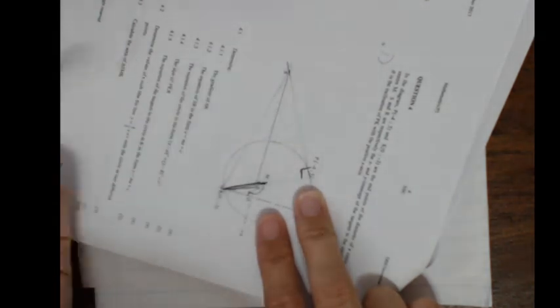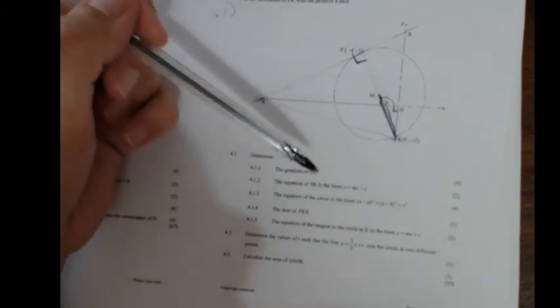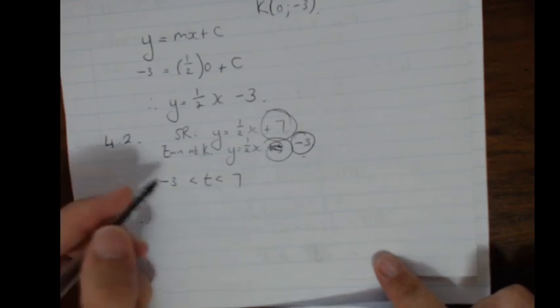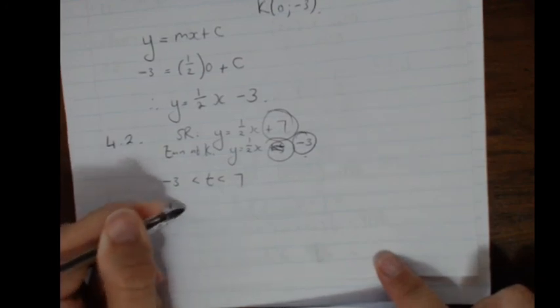And I need to find the length of PS, although I don't have the coordinates of S. But S is where this line cuts the x-axis where y is 0, and I have that line equation, so I can get S. So what I want to do here with 4.3 is half base times perpendicular height.